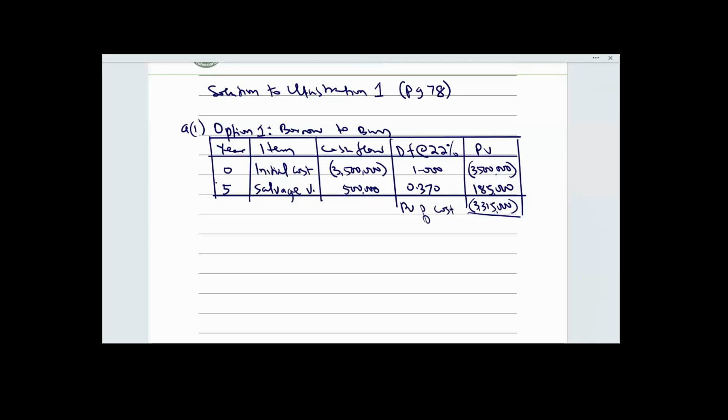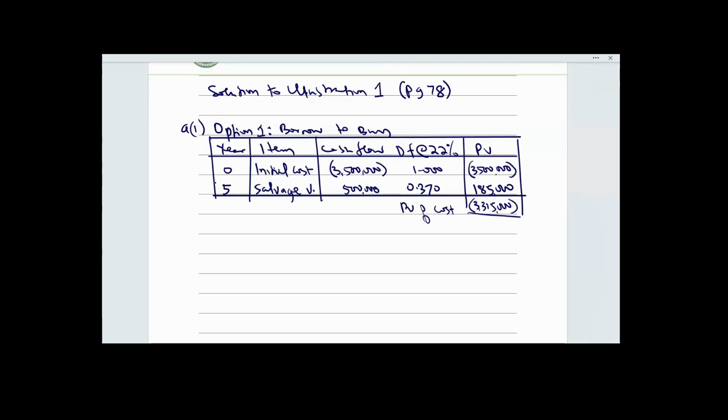Then you now get your PV of cost. So in this case, 3.5 million negative minus 185,000 is 3,315,000 naira negative. That's the PV of cost.